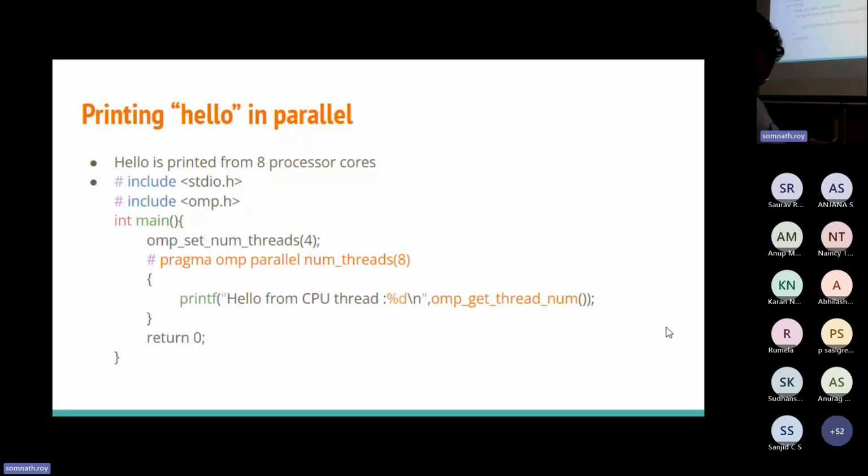We are defining the name of the output file as OMP, and this is the input file. We are telling that we are compiling this using OpenMP, and we are telling the output file name should be OMP. That's why when we see, we have the output file also.